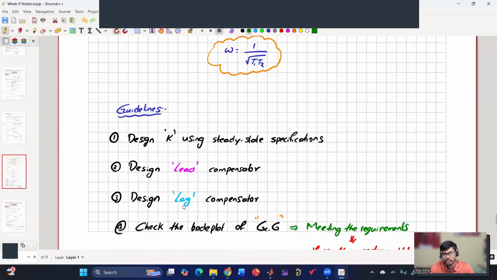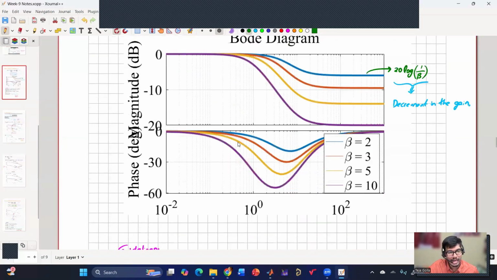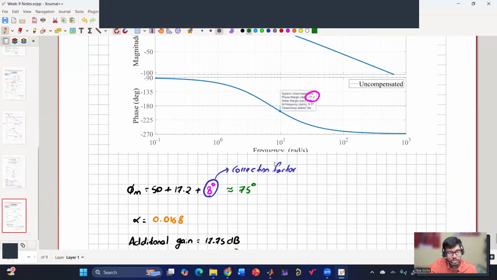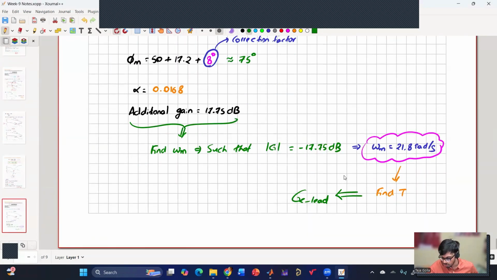Now I have to go to the lag compensator design guidelines. The lag compensator design guidelines say the same: first plot K into G, or now we'll be plotting G into GC lead, and then see how much decrement in the gain is required. Once I get that, I'll calculate beta. So now I have to do the third part, which is the lag compensator.